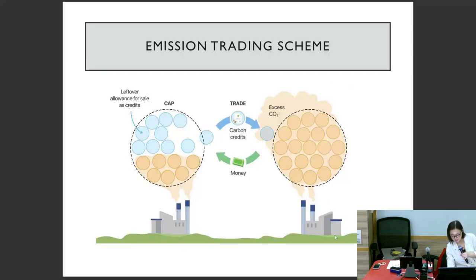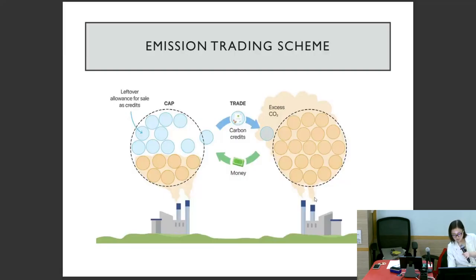And for another company, they have maybe the same, or this amount of cap, the maximum emissions. And for this company, the maximum emissions is larger than their actual emissions, so they have some extra permits for greenhouse gas emissions.